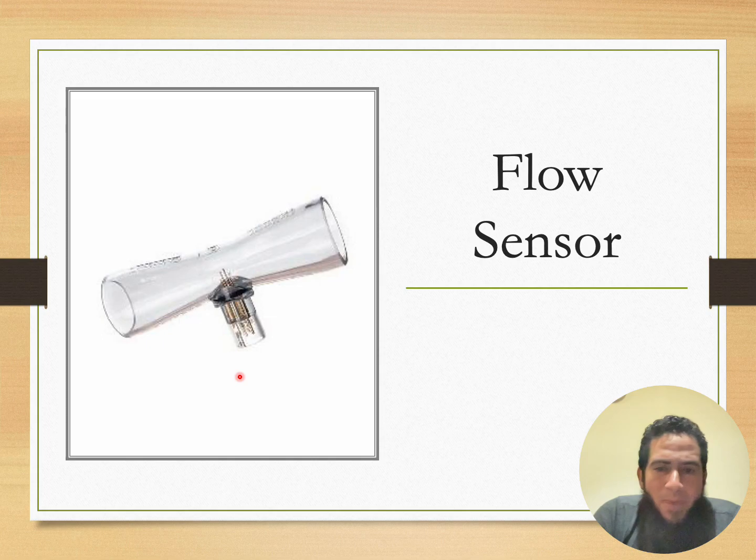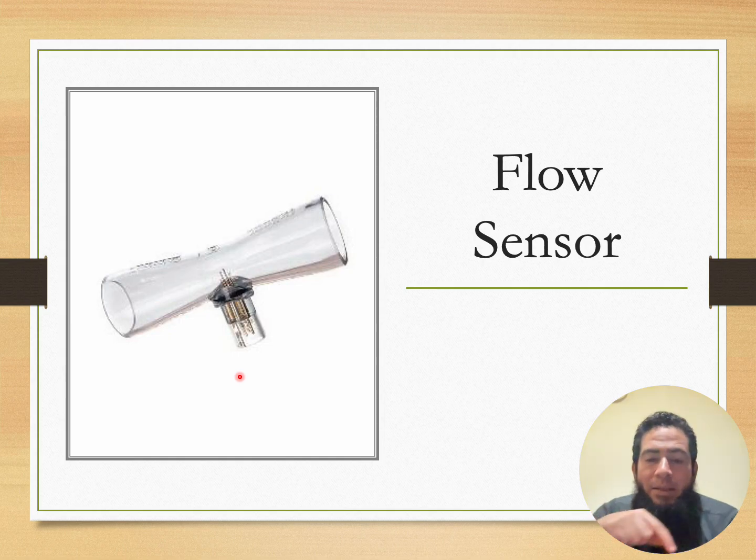There's something maybe we didn't discuss, which is called the trigger mechanism. The trigger mechanism is how the machine knows that the patient is trying to take a spontaneous breath. Okay, most of the machines nowadays use a flow trigger mechanism.